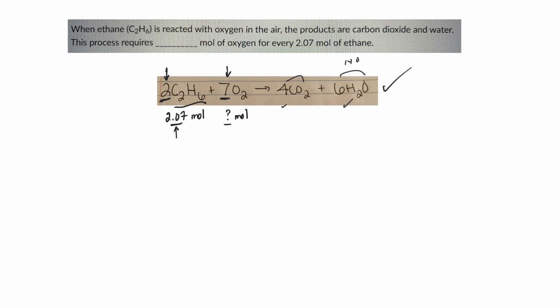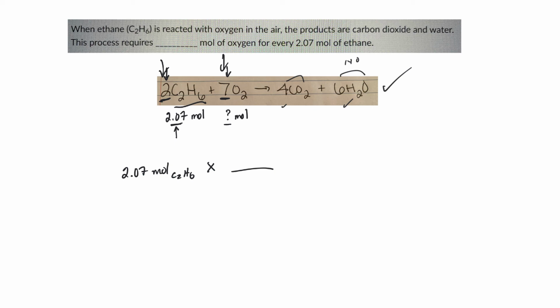And so this is what I typically do. And what I'm going to use is a mole ratio. And so the 2 and the 7 that you've correctly balanced, I'm going to use that. So I have 2.07 moles, and I should have shown this in class, moles of C2H6 multiplied by, and then I do a mole ratio. And the mole ratio are these numbers here, the 2 and the 7. And I have to figure out which one goes on top and which one goes on the bottom.